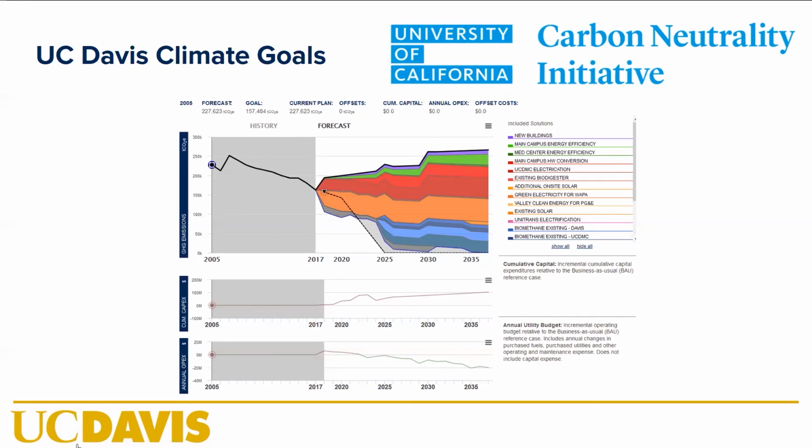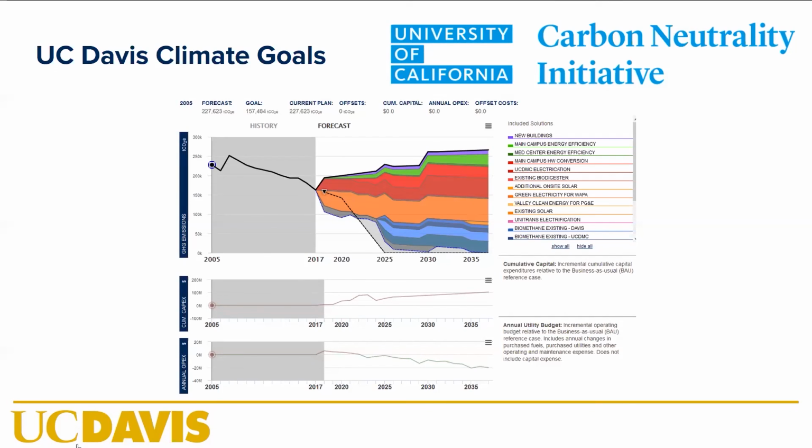But the one thing I wanted to highlight here is there's a main campus hot water conversion. It's the bright red slice in this wedge chart, which is a big part of the main campus, at least in terms of what we can do for carbon neutrality. And the other thing to notice here is the two charts below are showing capital expenditures over time, cumulative, and then annual operating expenditures.